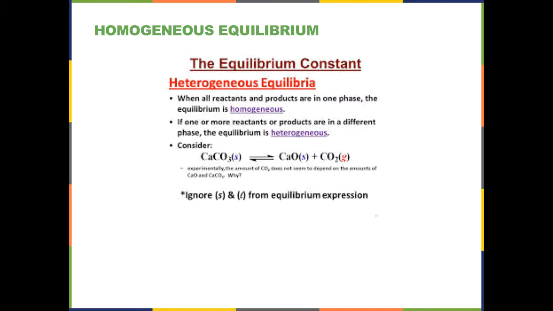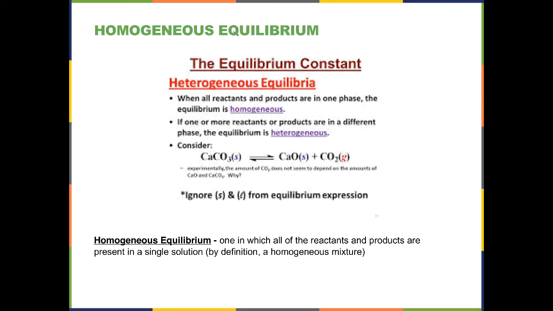Now, there's actually two types of equilibrium. There's what's called a homogeneous equilibrium, in which all of the substances, reactants and products, are in the same phase.